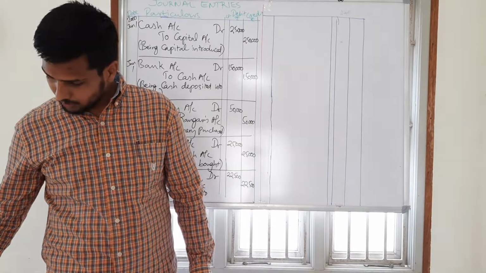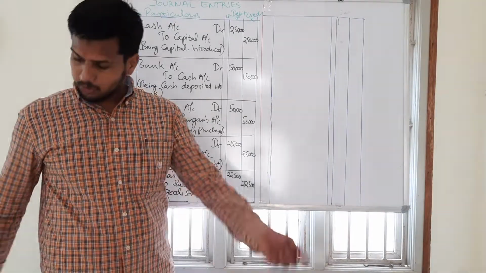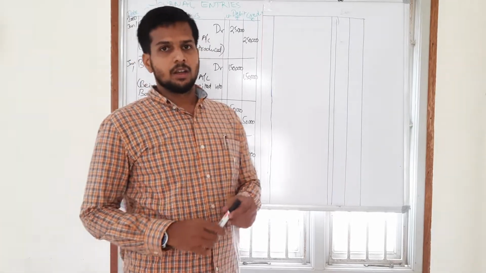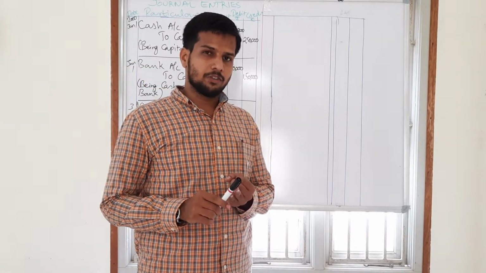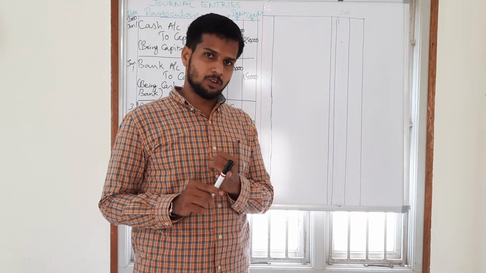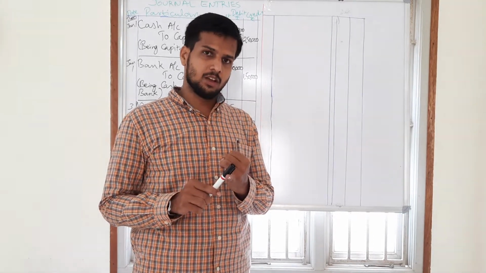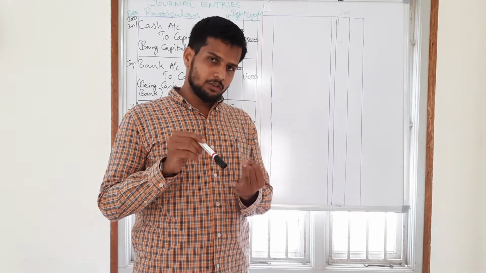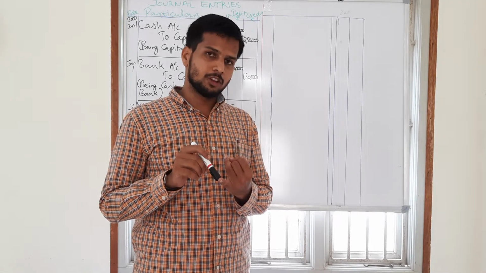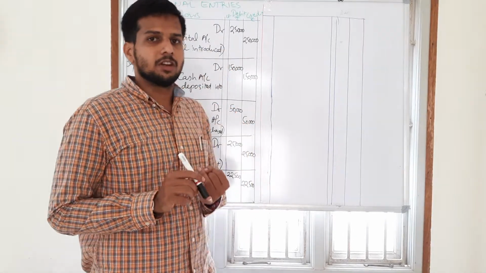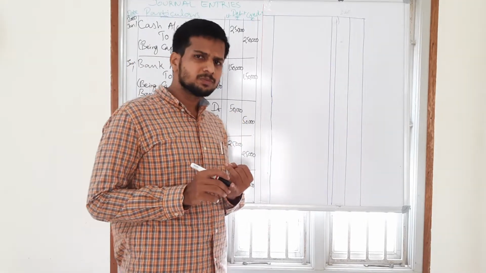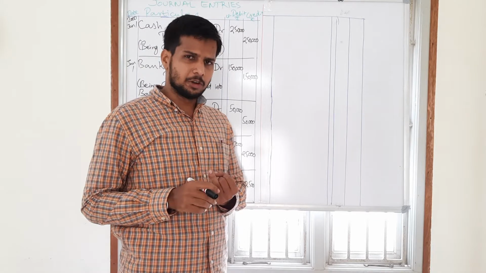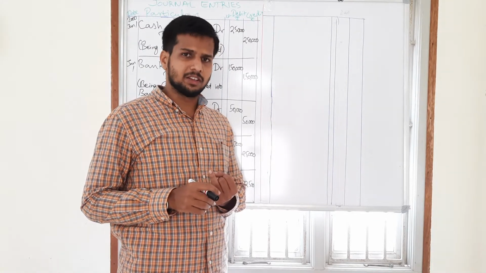And the next one is goods returned by Yashoda. Here the two accounts affected are Yashoda's account and the goods returned account. First we take Yashoda's account. Yashoda is a person, so it comes under personal: debit the receiver, credit the giver.